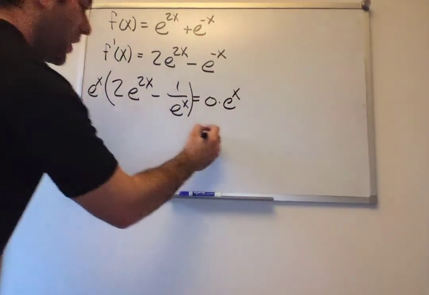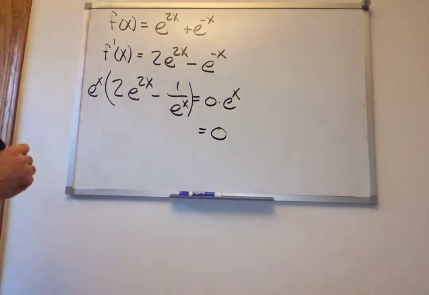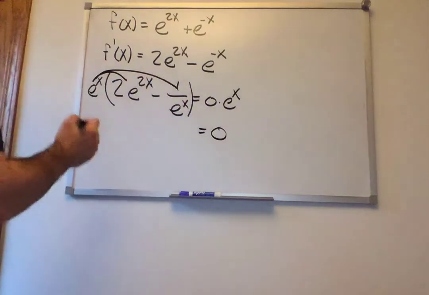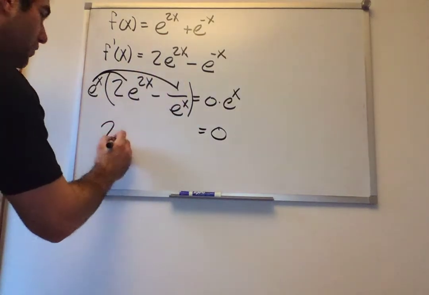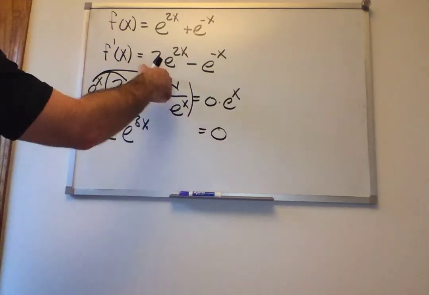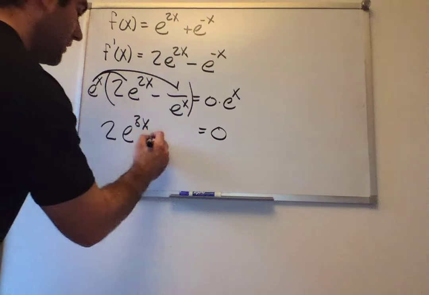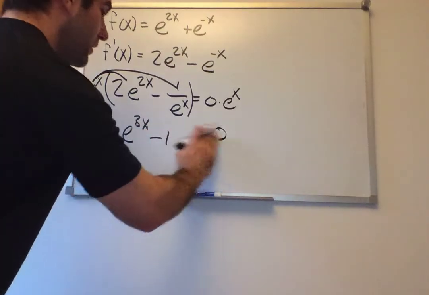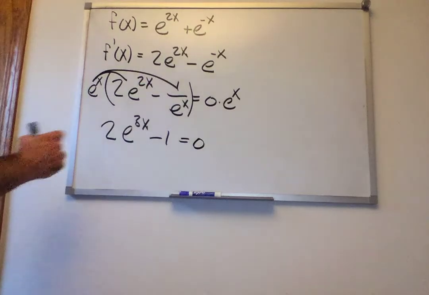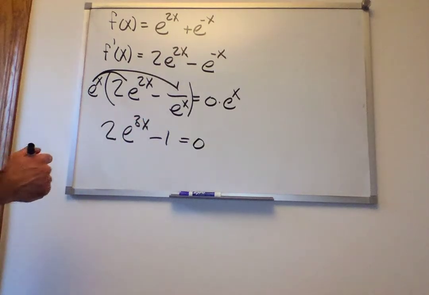As you see, the right-hand side is not affected. 0 times e to the x is 0. But if I distribute here, I get 2e to the 3x, and then e to the x over e to the x, I get a -1, equals 0. We have to solve this equation for that x value.